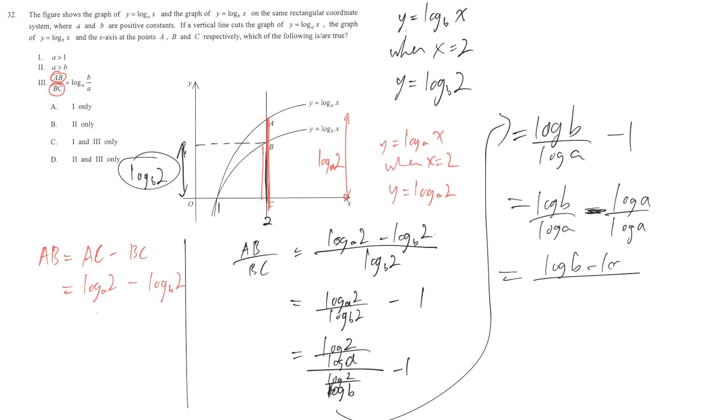Log b minus log a, and then this is over log a. Finally, this is log of b divided by a, all divided by log a. So after that, we may change this one to be the base. That means log base a of b over a here. So after so many calculations, we find out the last statement, oh my god, is correct. And then the first one is correct, the second one is wrong. So our conclusion is C in question 32.